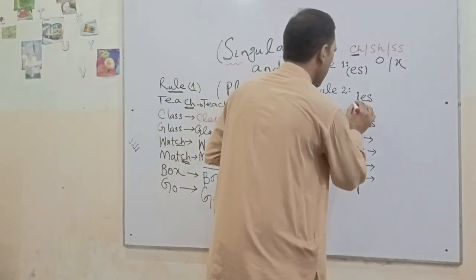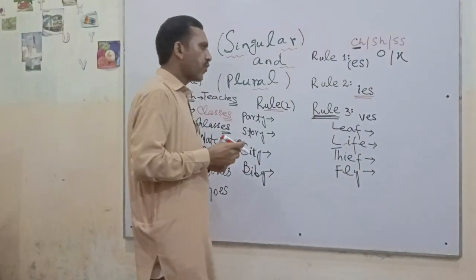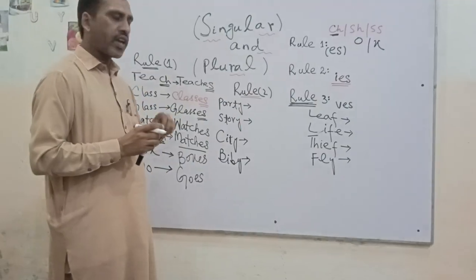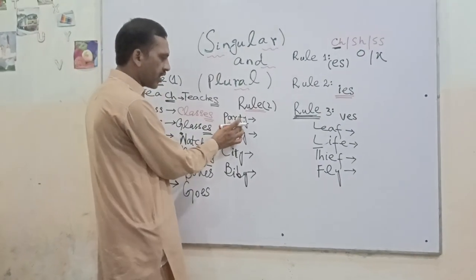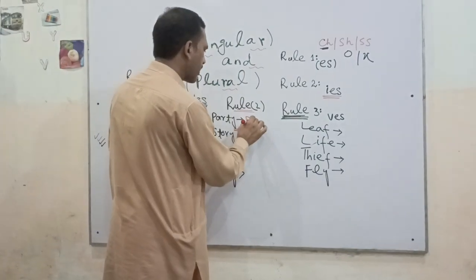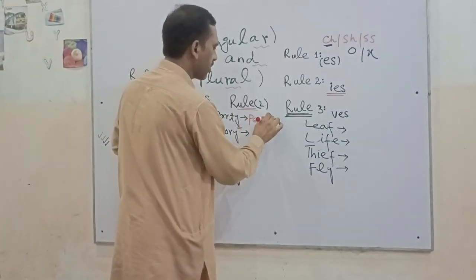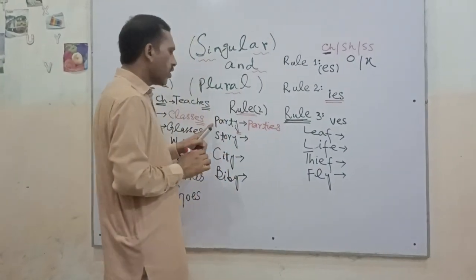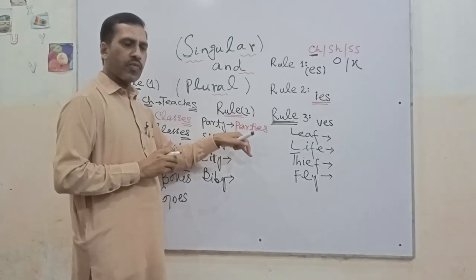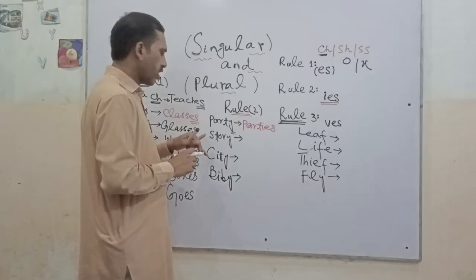We add ies if nouns or verbs end with letter y. For example, party, here y is at the end, we add ies to make the plural form of party. Parties is the plural form of this singular word.